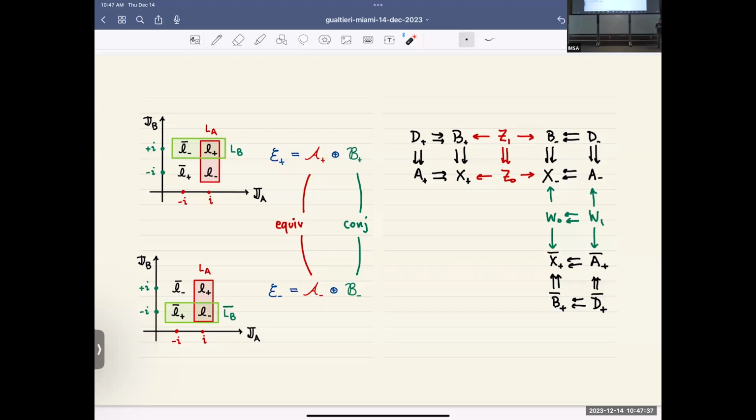And what Yucong did in his thesis was to show that this fact, the fact that we obtained A plus and A minus from the same space, means that the double groupoid integrating this Manin triple and the double groupoid integrating this Manin triple have a horizontal Morita equivalence like this that relates A with A. A plus is Morita equivalent to A minus.